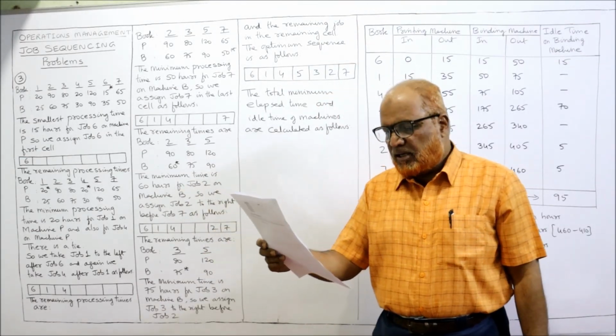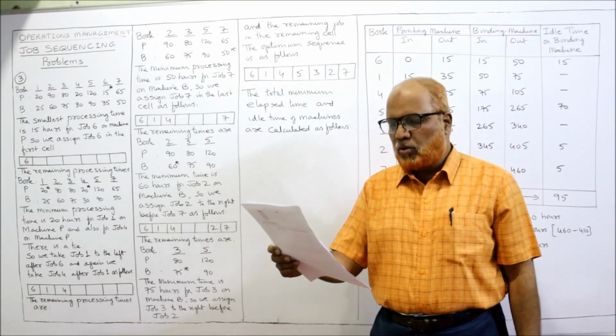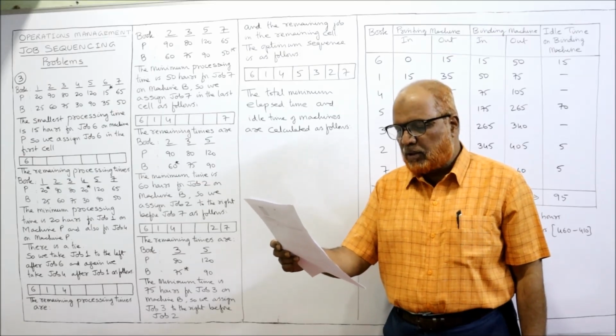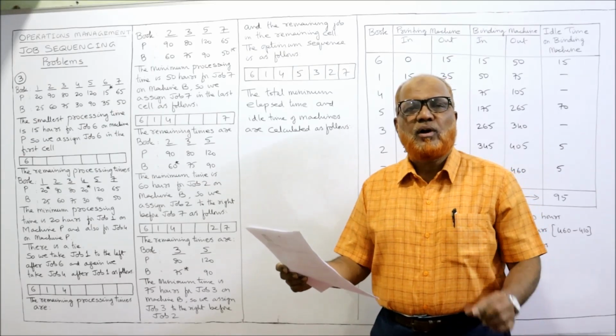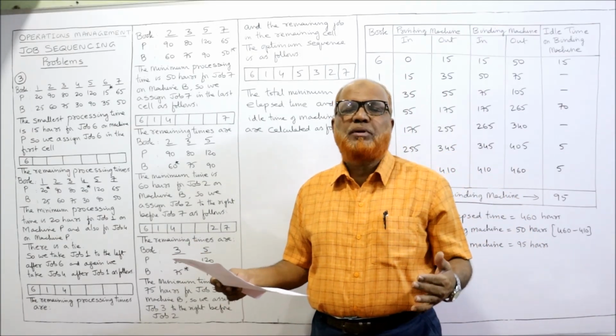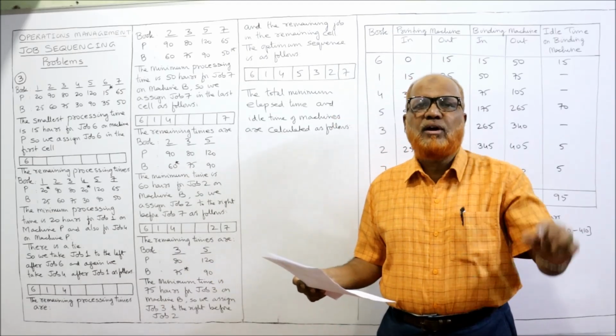The question is, decide the optimum sequence of processing of jobs in order to minimize the total time required to turn out all the books. That means we have to find out what is the optimum sequence. Which book should be done first and then which book should be done next. That order we have to find out.